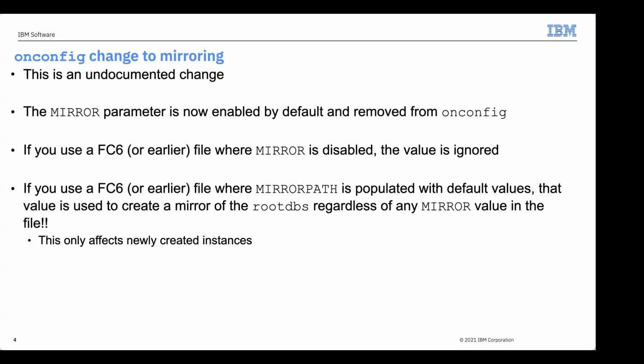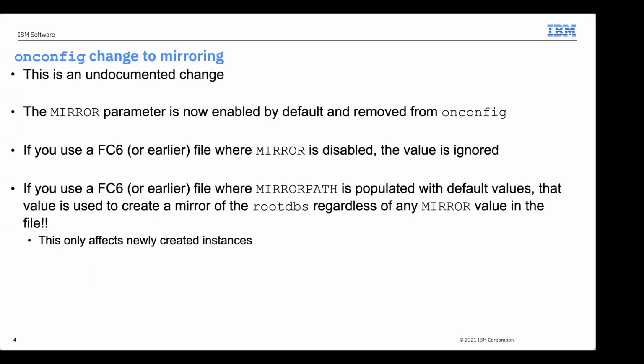In FC7, the mirror parameter, which used to be optional, for example, you could turn this on and then it enabled you to create mirrors of chunks and DB spaces and so forth. That mirror parameter has been turned on by default and then has been removed from onconfig. So you no longer have the ability to turn off mirroring. It's there, it's enabled, it's permanent.